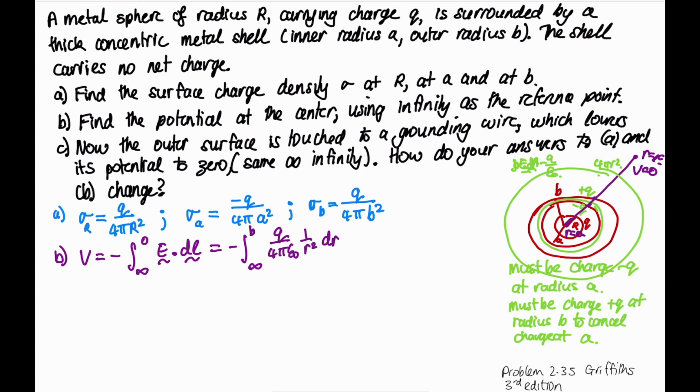Okay, so we're at here. Now we need to do this next bit going from b to a. So this will be minus the integral from b to a. And for that part, we're inside a conductor, so the electric field is 0.